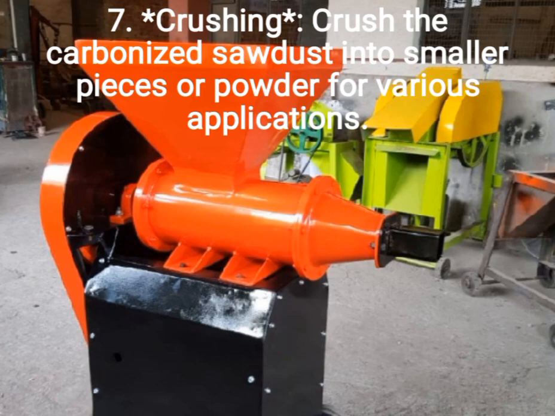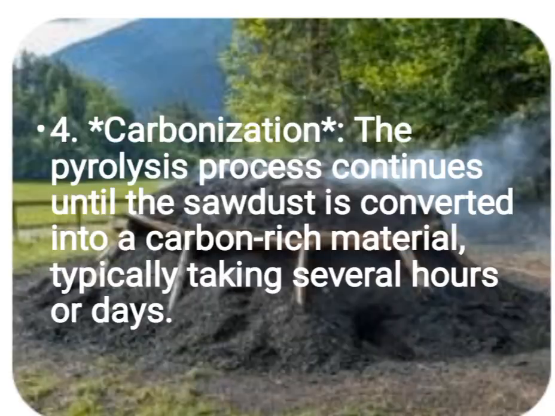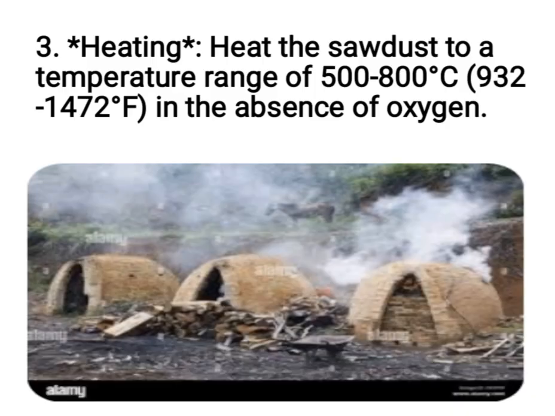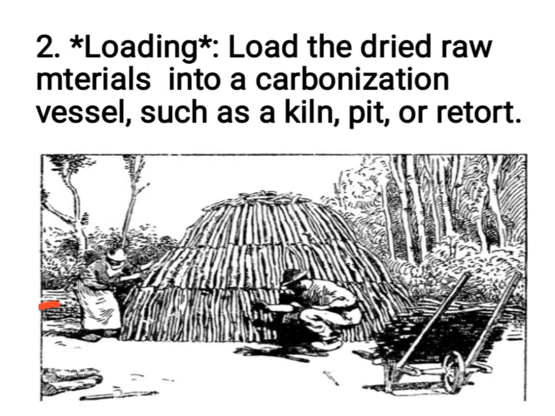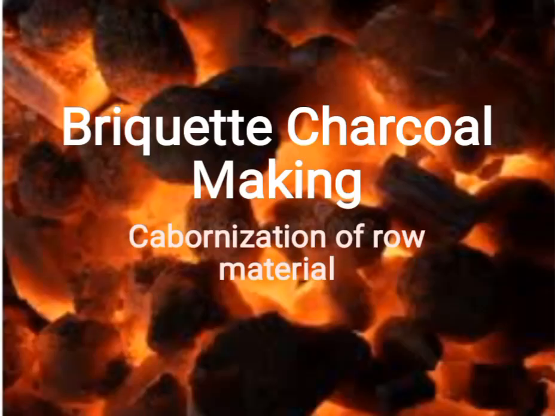That will help in creating the briquette charcoal that you want to make. So that is how you carbonize your raw material, so that you are able to get the material that is needed for briquette charcoal making.